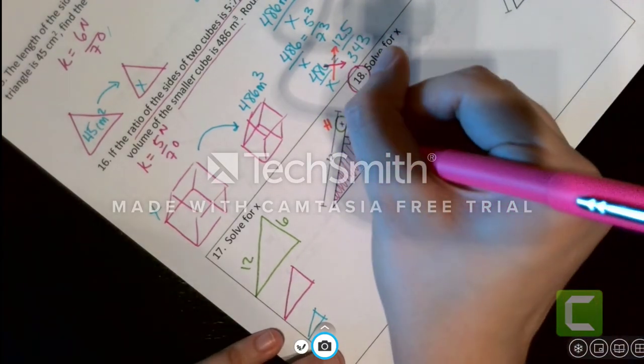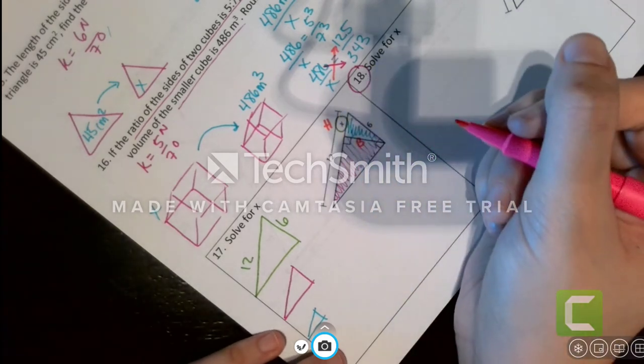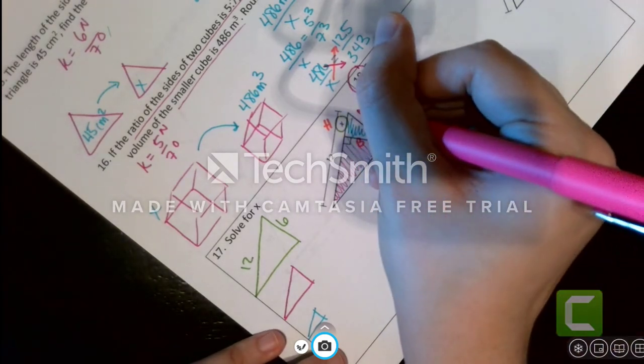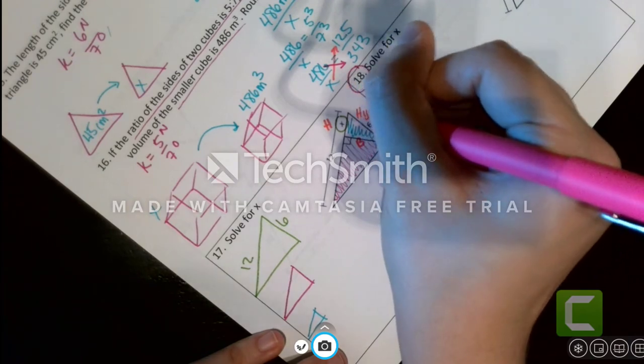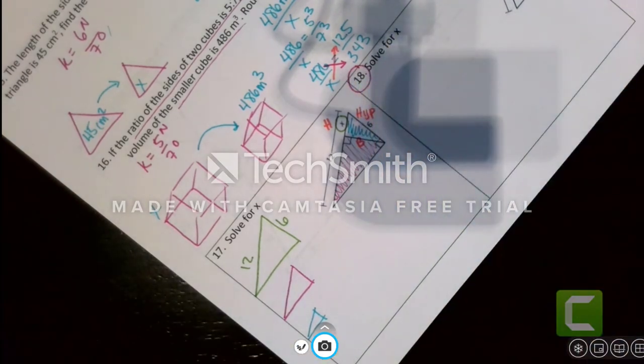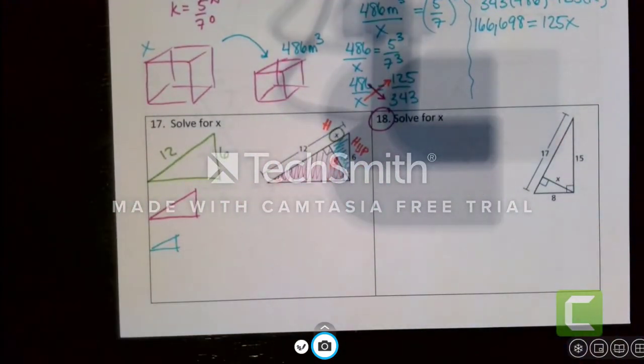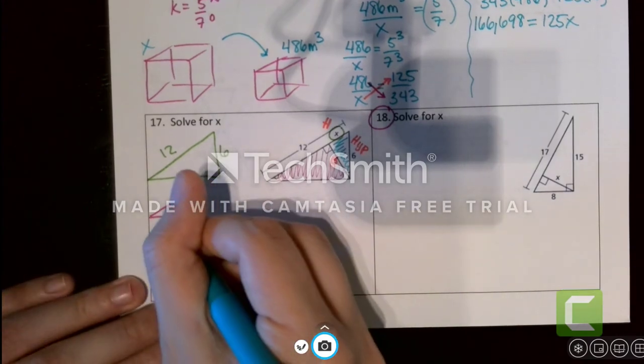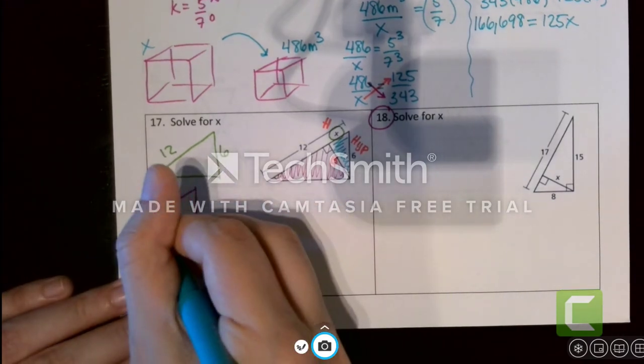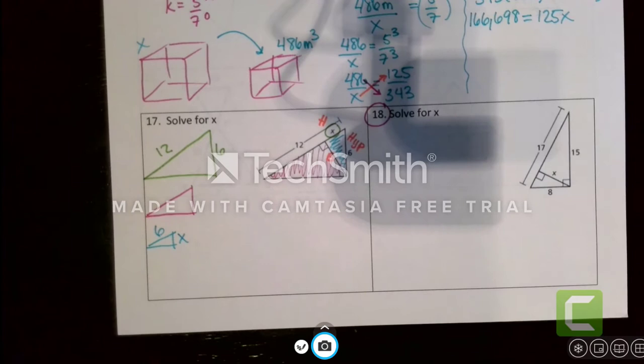I don't have a measurement for my base, but I do have a measurement for my hypotenuse, which is 6. So with this information, I'll go back to my drawing on the left, and I'm going to label everything I know about the smallest triangle. That its height is x, its hypotenuse is 6, and that I don't know anything about the base.